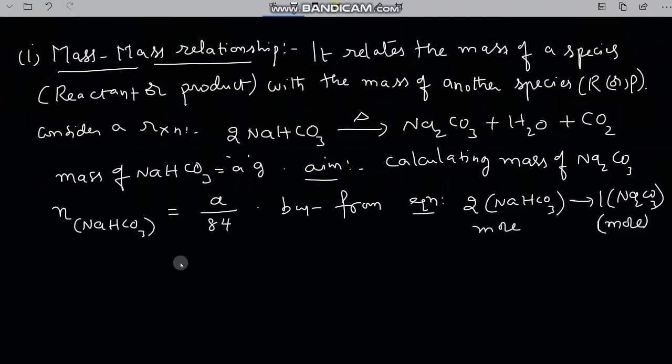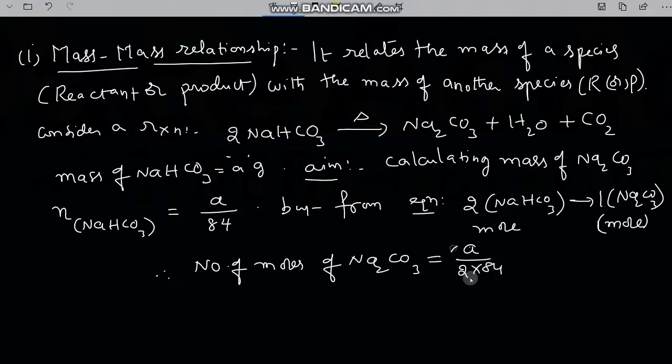So the number of moles of sodium carbonate produced is how much? Therefore, for the number of moles of Na2CO3 produced, we can do cross multiplication. Upon cross multiplication of these stoichiometric ratios, it comes to a by 2 into 84.